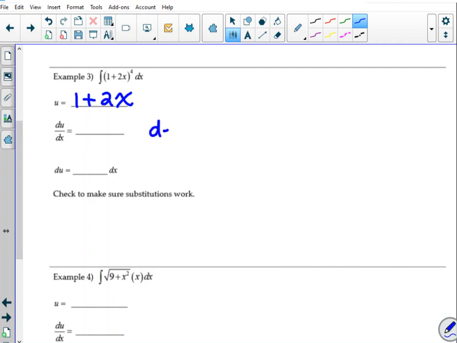But then when I take the derivative of what I've identified as u, the derivative of 1 is 0, and the derivative of 2x is 2. So my derivative is 2.